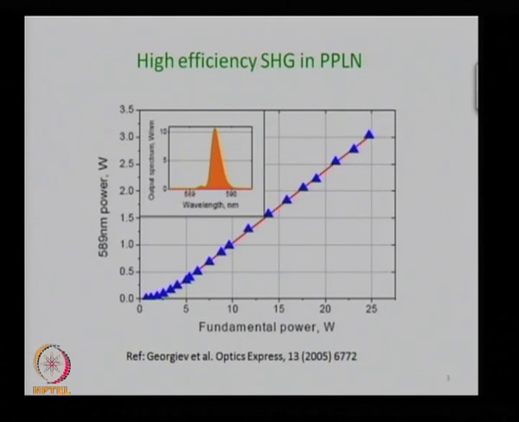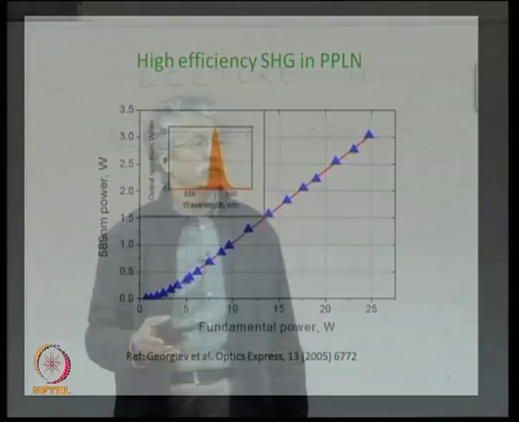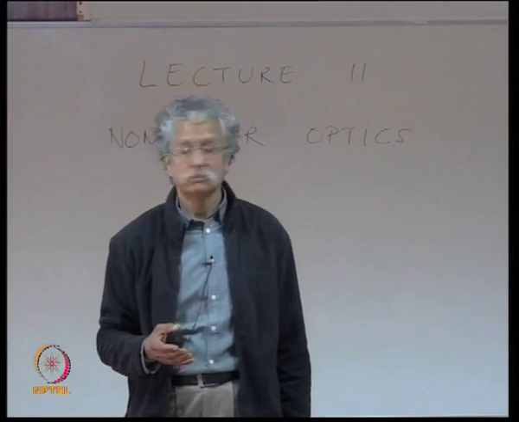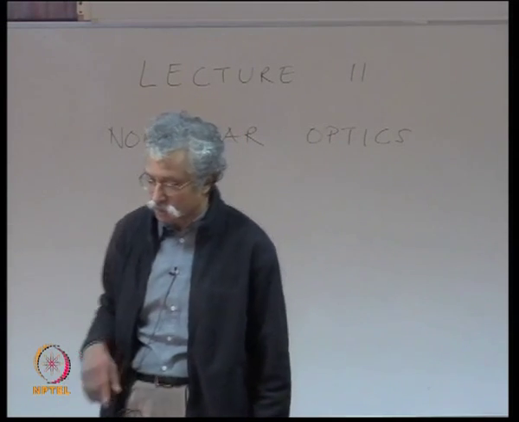So that's a good efficiency, and as you can see, that shows the second harmonic power versus fundamental power, and this is just to show you that you can achieve very high efficiencies by using periodically poled crystals.